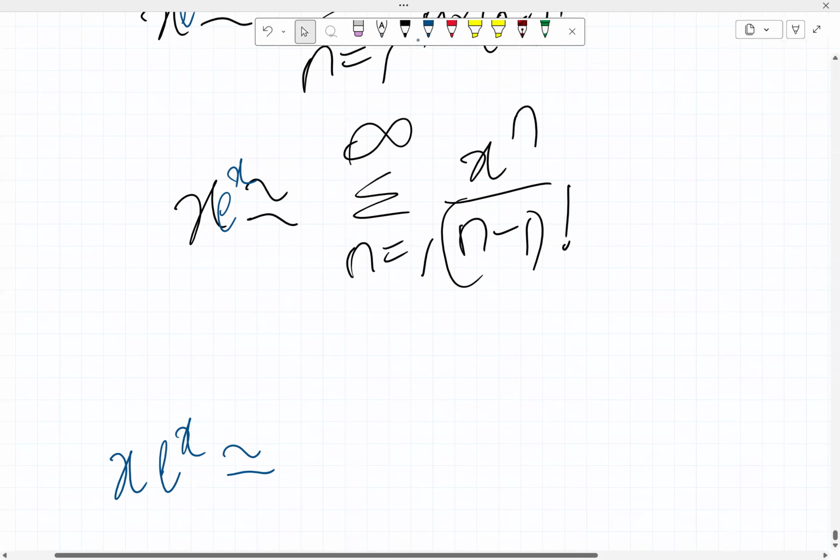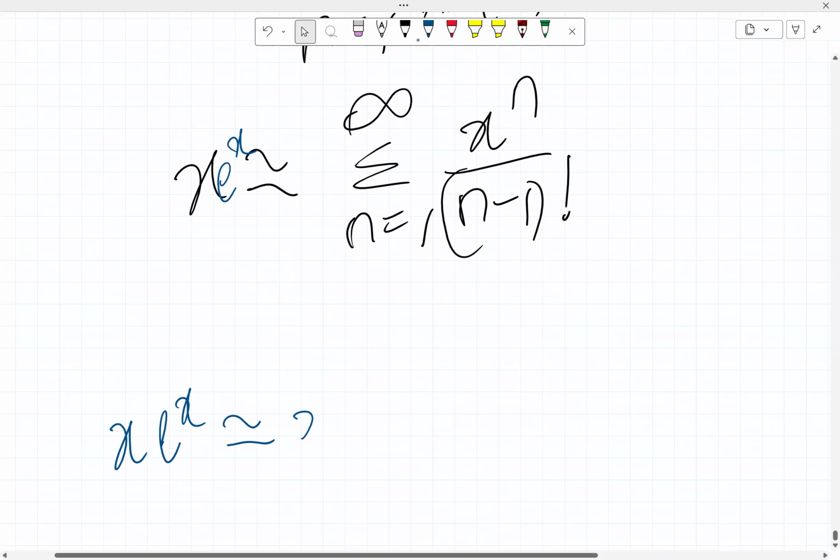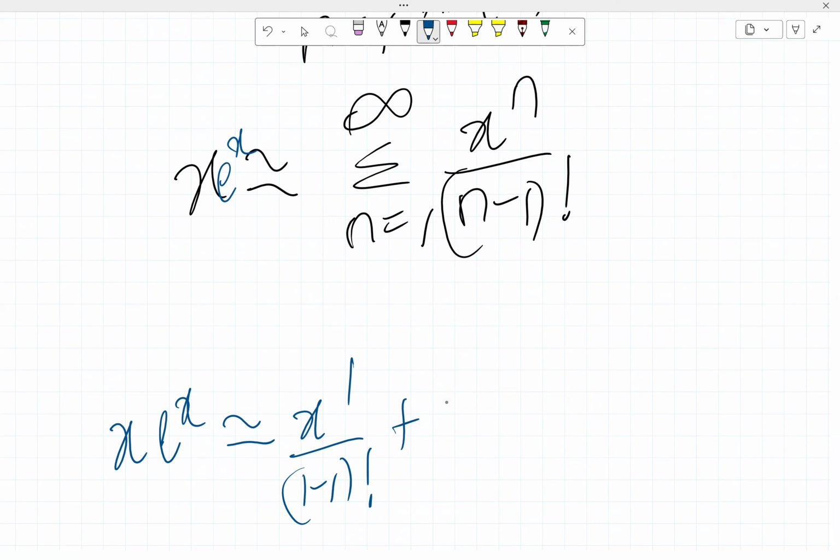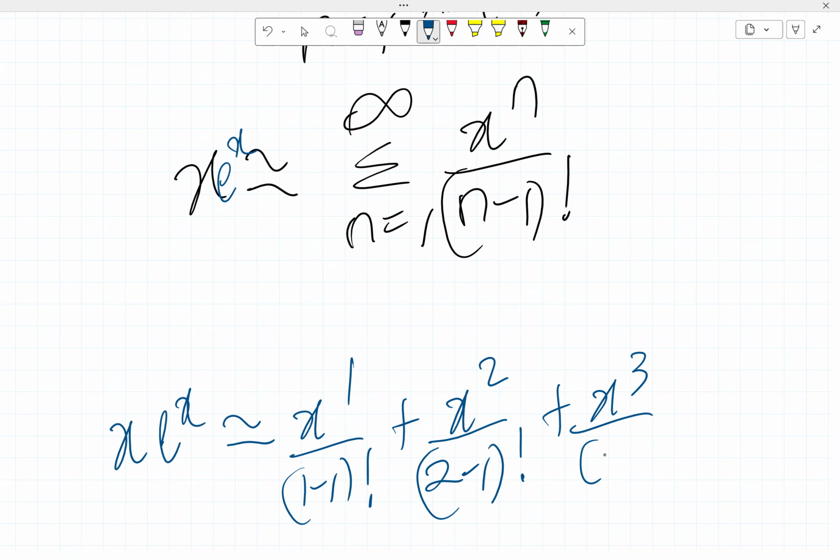If I want to expand, when n is 1, I have x raised to power 1 all over 1 minus 1 factorial, plus x raised to power 2 all over 2 minus 1 factorial, plus x raised to power 3 all over 3 minus 1 factorial, x raised to power 4 all over 4 minus 1 factorial, and so on and so forth.